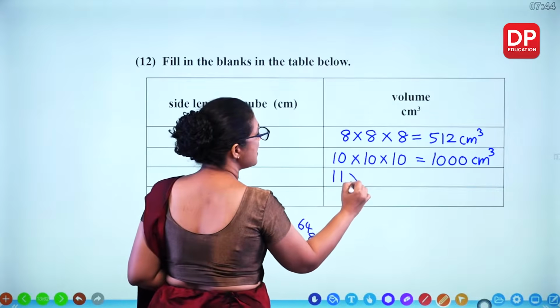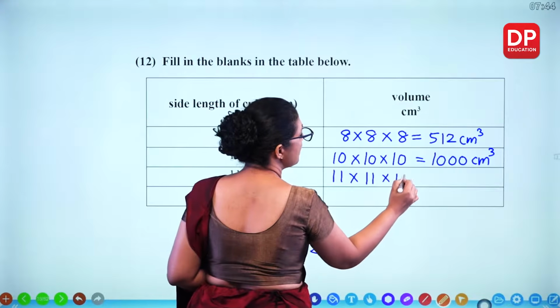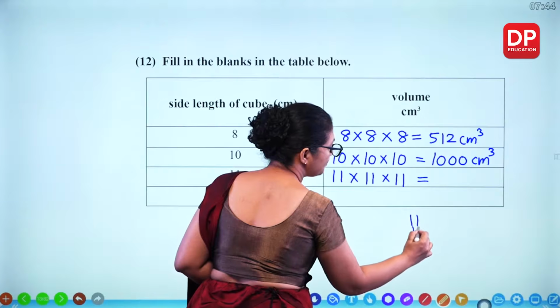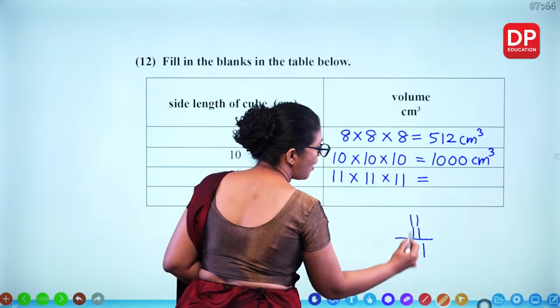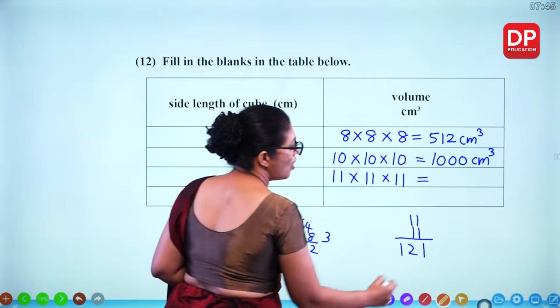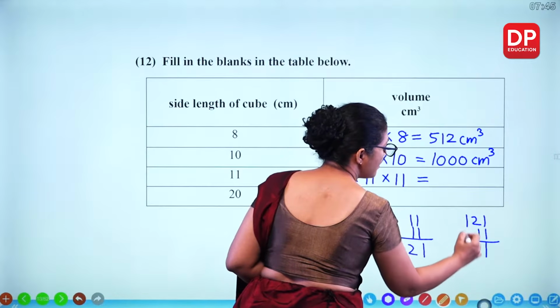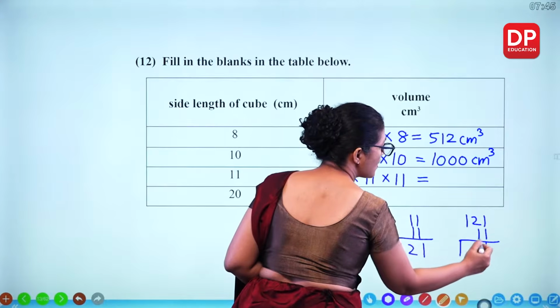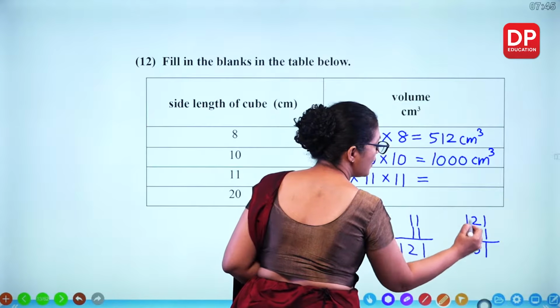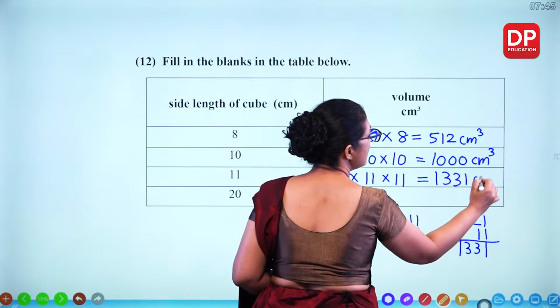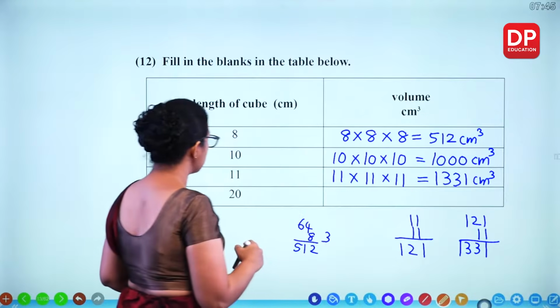11 times 11 times 11. We know the short method. 11 times 11, 1 and 1, 1 plus 1, 2. 121 multiplied by 11, 1 and 1 here, 2 plus 1, 3, 2 plus 1, 3. 1331 cubic centimeters.